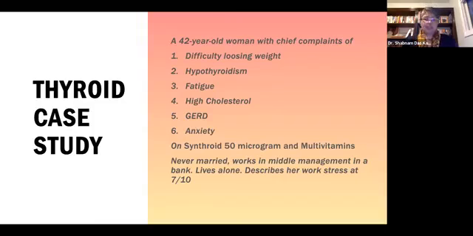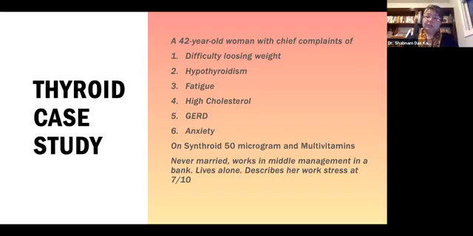So what were the things she had? One is her TSH was not optimal, given that she has anxiety. Her cholesterol was high, so definitely we need to do something about that. Then her fatigue could have been from iron deficiency. Remember, she had iron deficiency, vitamin D deficiency, and a whole bunch of micronutrients, which we can't always check for all the micronutrients. So that could have been from the fatigue. It could have also been a part of the thyroid, because one of the symptoms of hypothyroidism is fatigue.